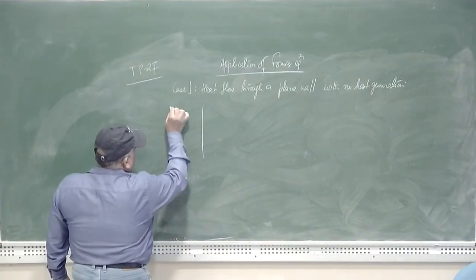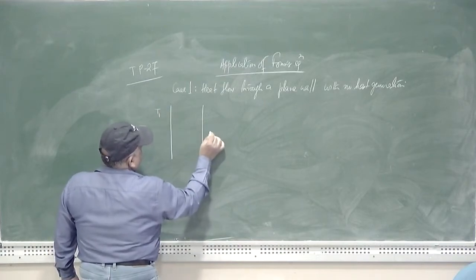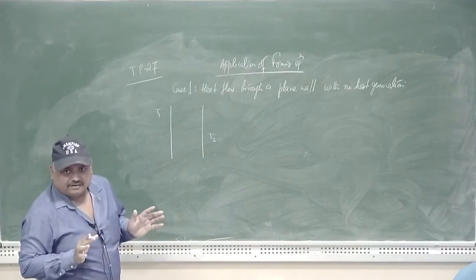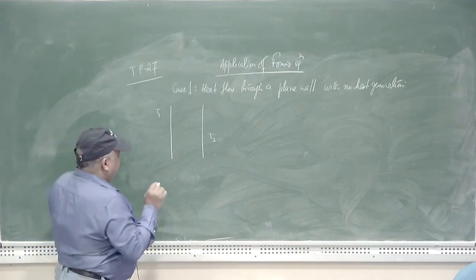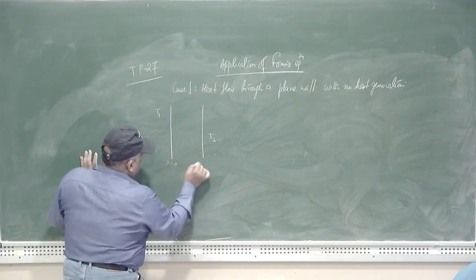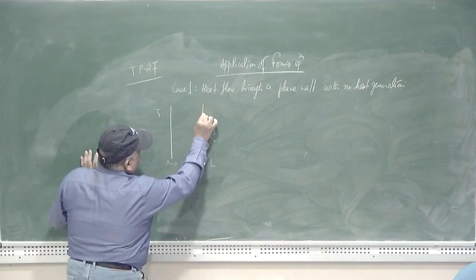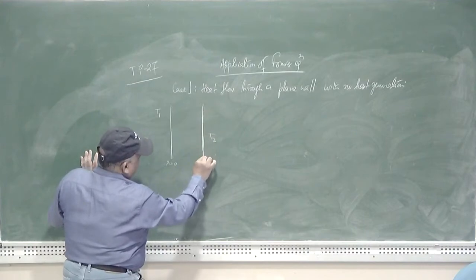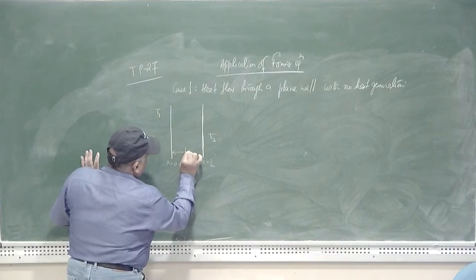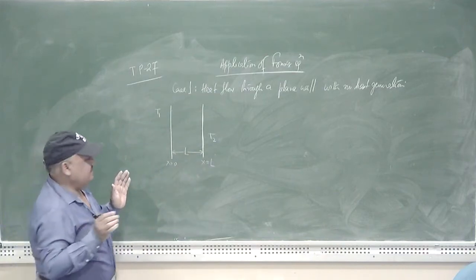Let us suppose this wall has a temperature T1 and this wall has a temperature T2, and from T1 to T2 the heat flow is there. Let us suppose the coordinate of this straight line is x equal to 0 and the coordinate of the other face of this plane wall is x equal to L. So definitely the width of this plane wall is L, right?